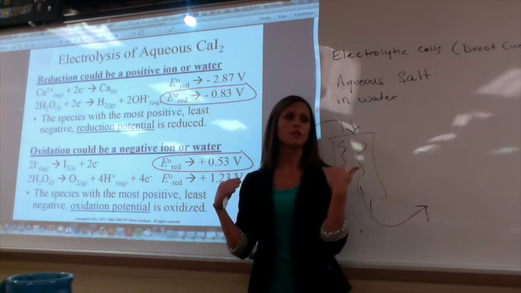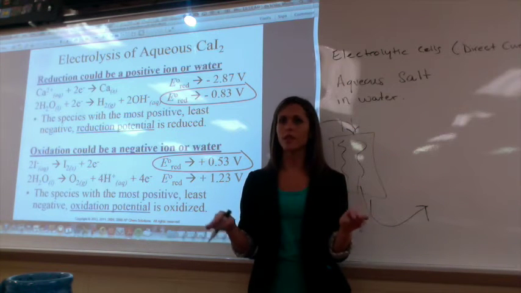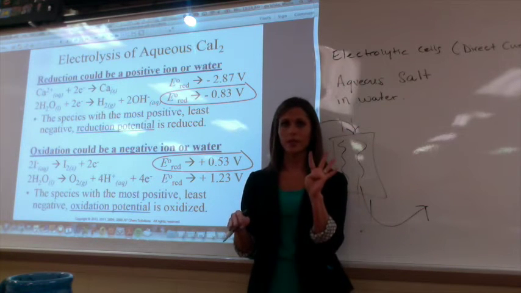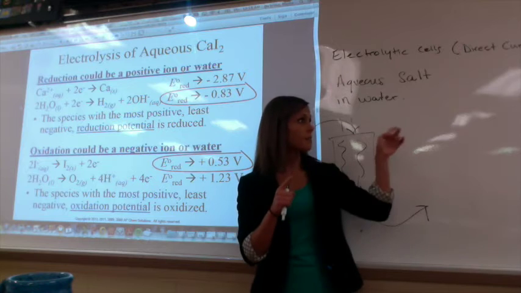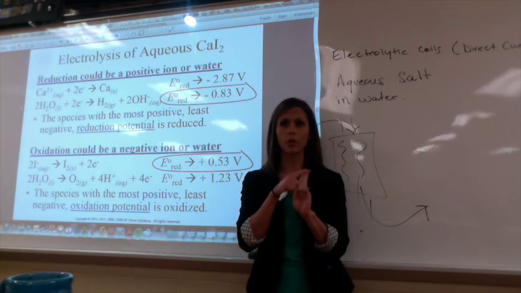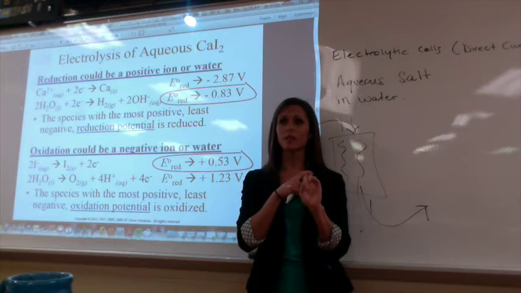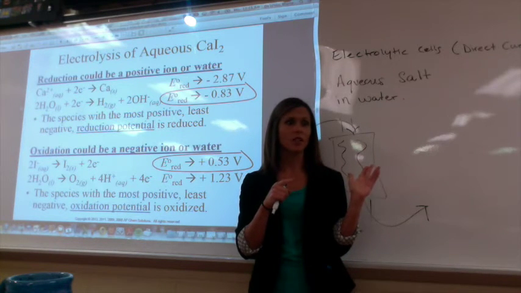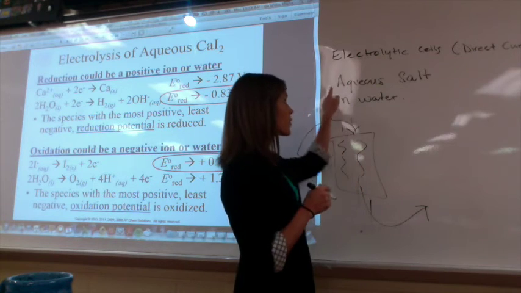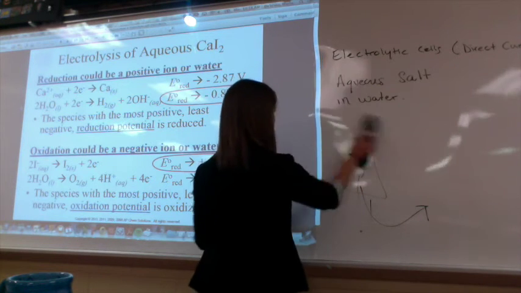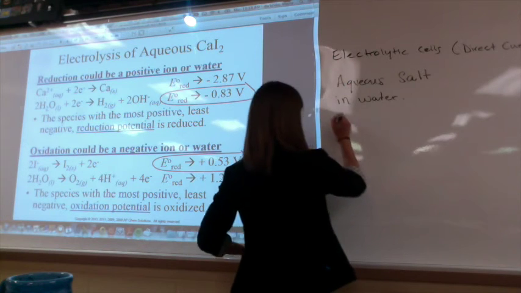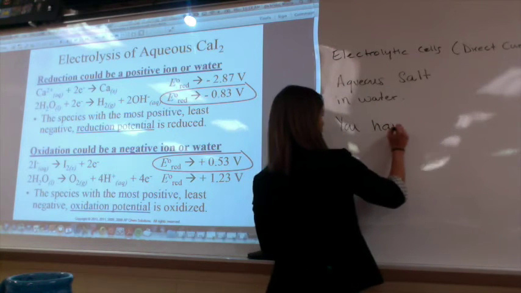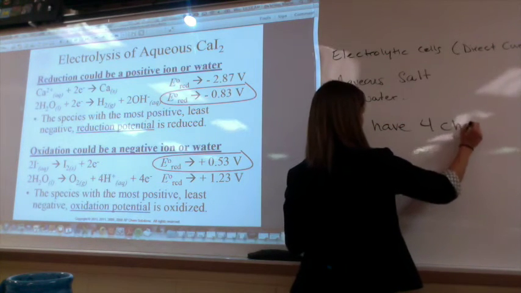For our purposes, pretty much these questions are always the same. You will always get 4 choices. You'll get one as the metal being reduced or water being reduced, and then the other one is going to be the non-metal being oxidized or water being oxidized, because you have to choose if it's in water. So if it's an aqueous salt in water, this is what you're going to write. You have 4 choices.